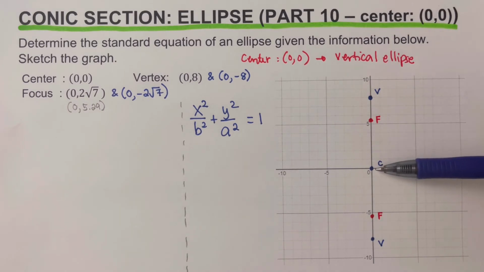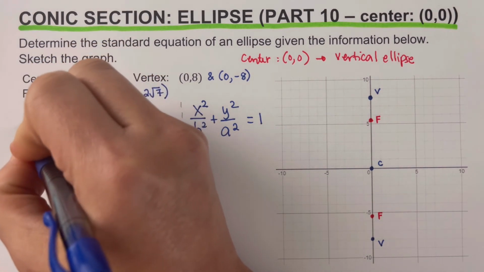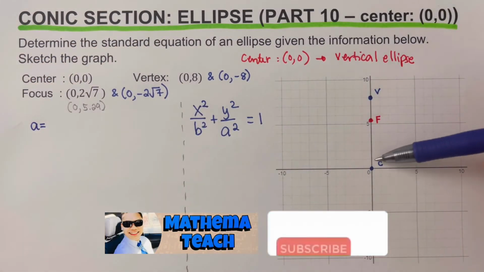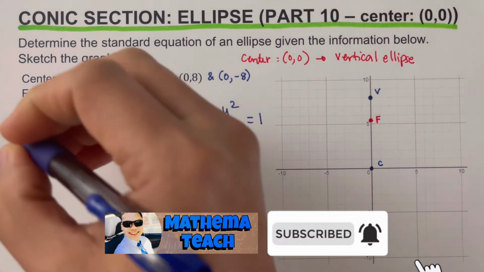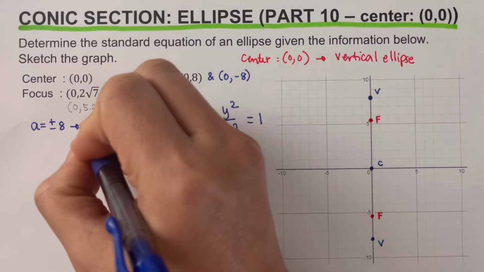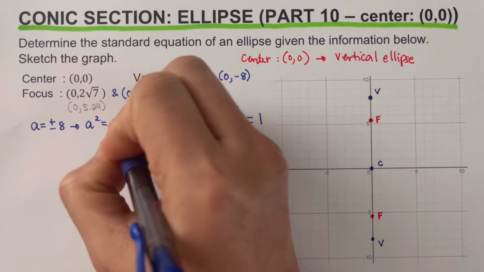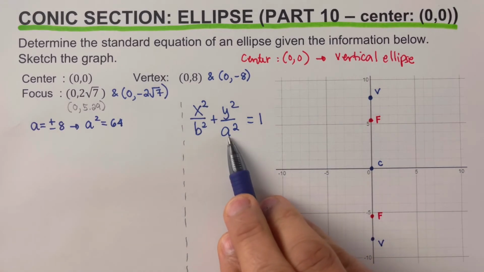Actually, we can go ahead and count it. This would be 1, 2, 3, 4, 5, 6, 7, 8. So that would be a plus minus 8. So this tells us that our a squared is 64. So I go ahead and plug that 64 into the a squared right here.